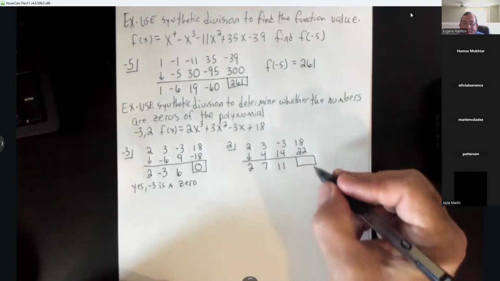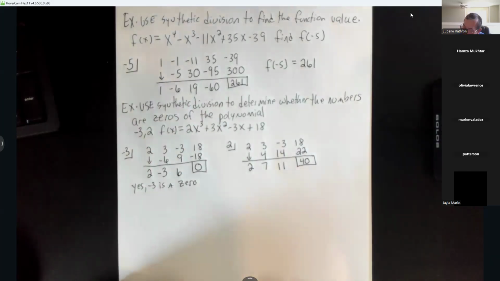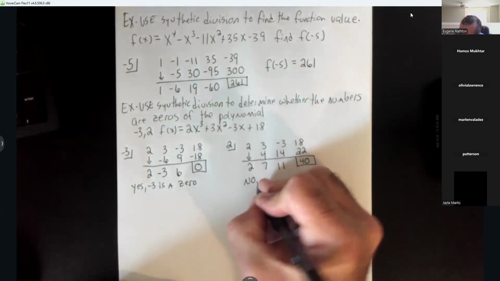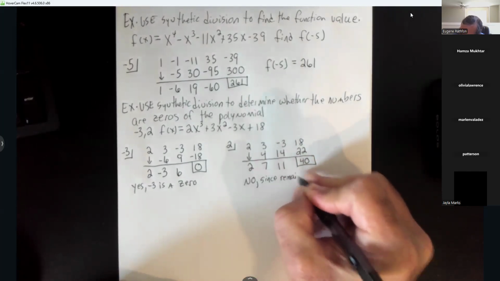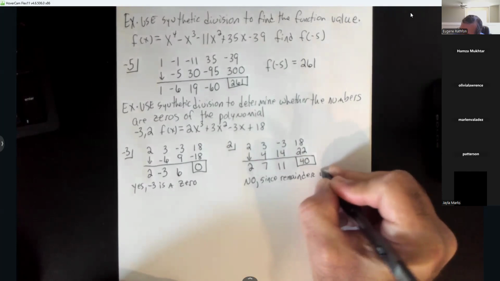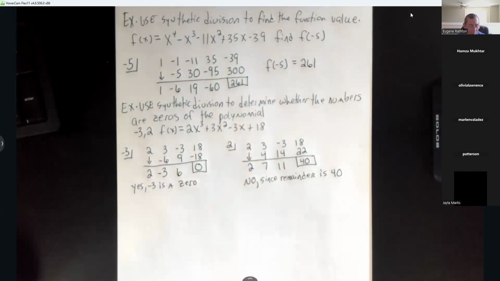Boy, y'all are good today because 22 and 18 give me 40. Good job, y'all. So this one is no, since our remainder is 40.